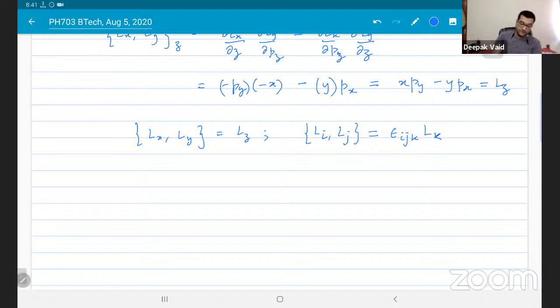But in quantum mechanics, if you have two operators whose commutator is not zero, then A and B cannot be measured simultaneously, right?